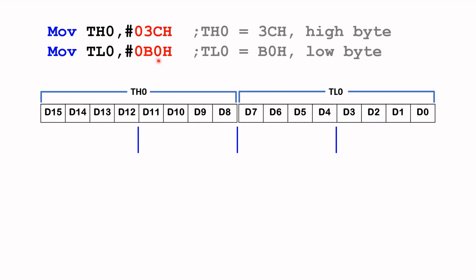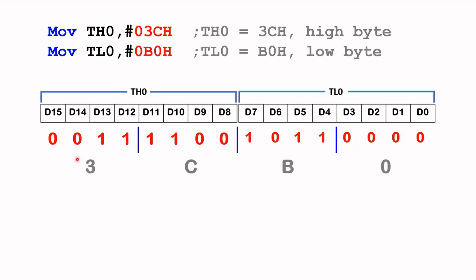And here we copy this value B0 hexa into timer 0 low byte. So in binary, it will be 00111100 10110000. And this is the value in hexa. So it's 3C, this one, and B0. Right?